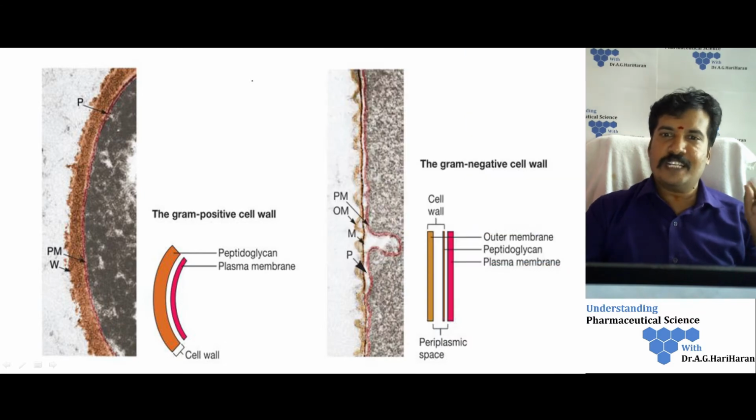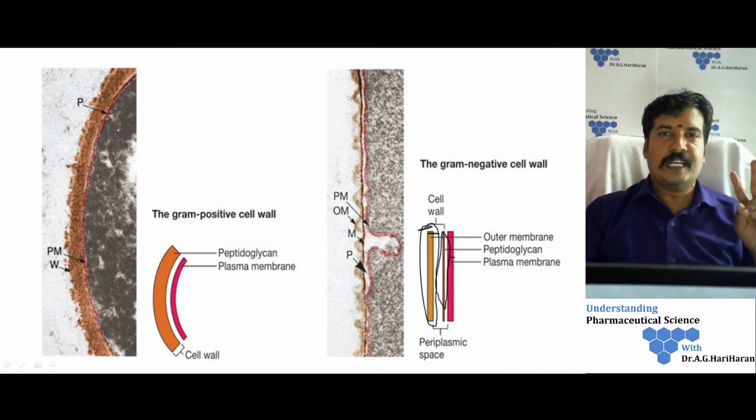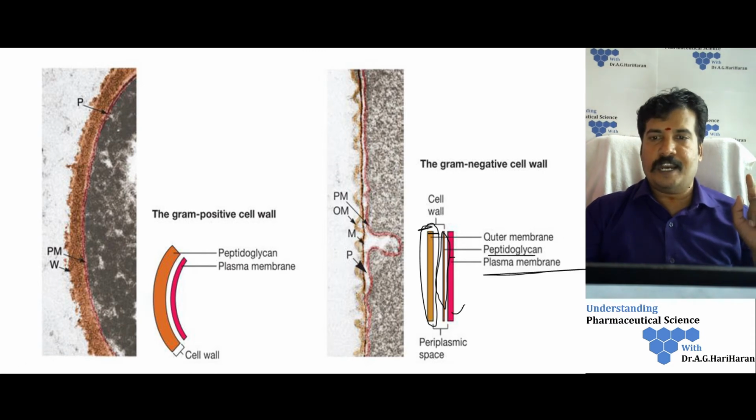If you see in gram negative bacteria, there is a plasma membrane. After that we can see a thin layer of peptidoglycan, right? Then there is a space, then we have another, a little bit thick membrane called the outer membrane. That means the gram negative cell wall will have 3 layers: the plasma membrane, peptidoglycan and outer membrane.